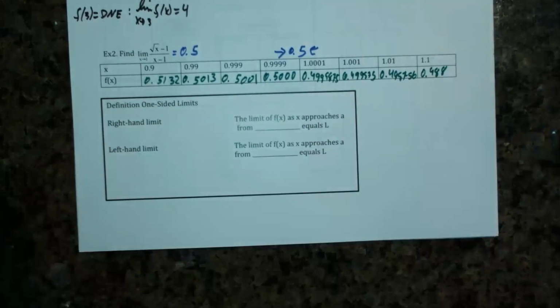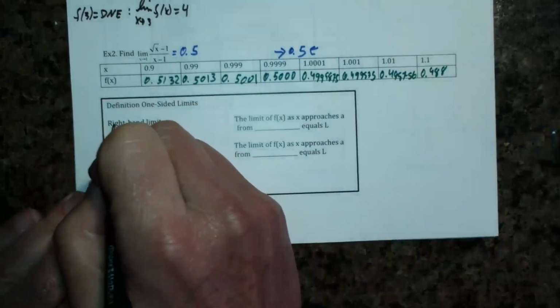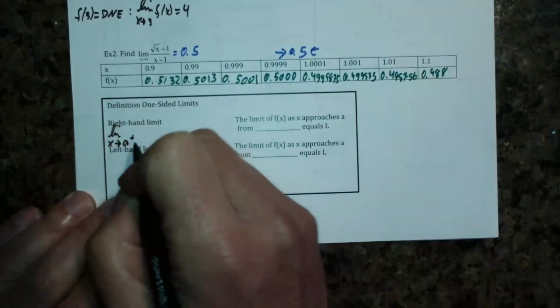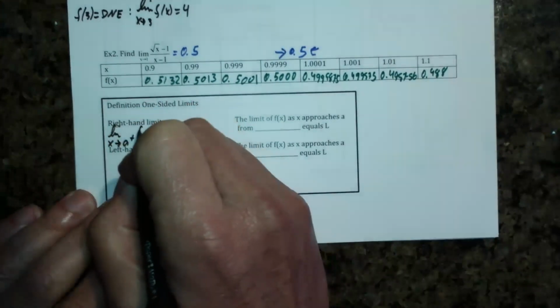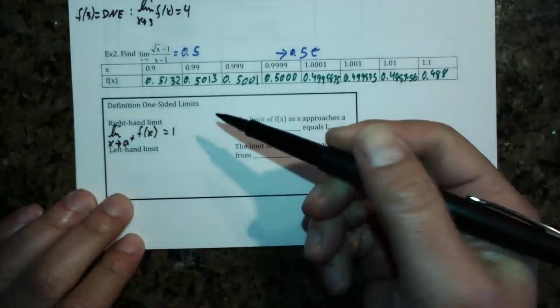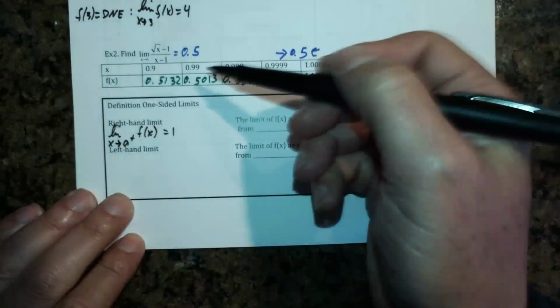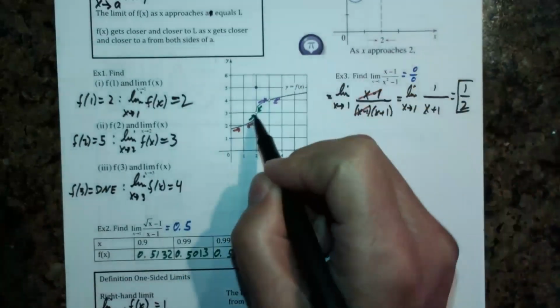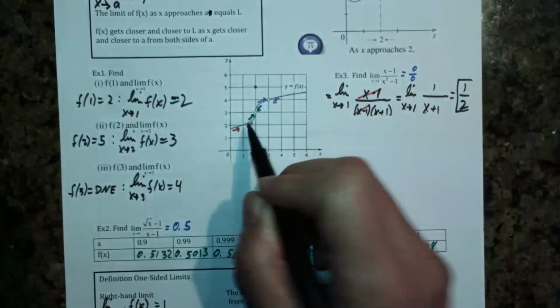So the right-hand limit is going to look like this. It's the limit as x approaches, now be careful, a with a little plus of f of x. That means that we're approaching it from the right-hand side. So with this graph, that would be this one here from the right-hand side, the green, the right-hand side, for the red, the right-hand side.